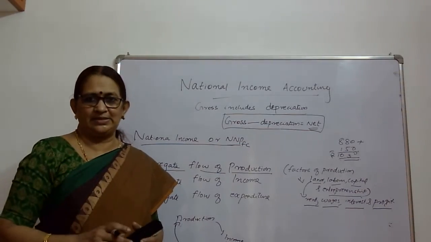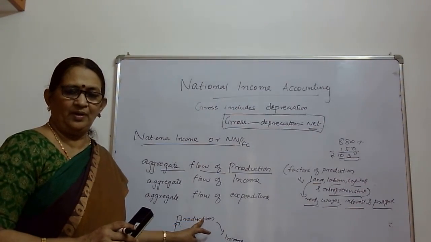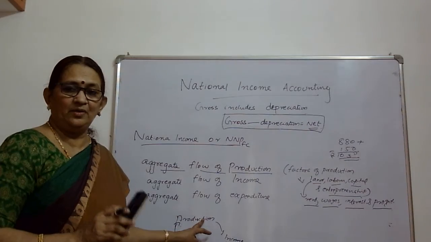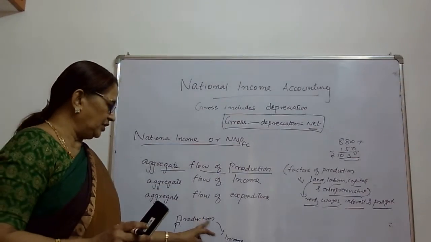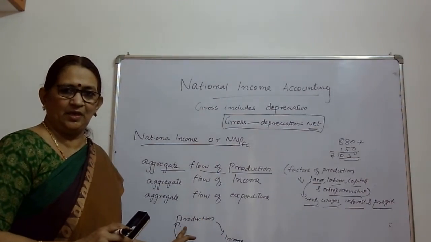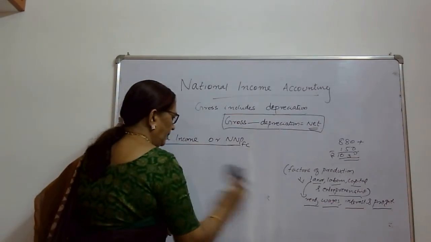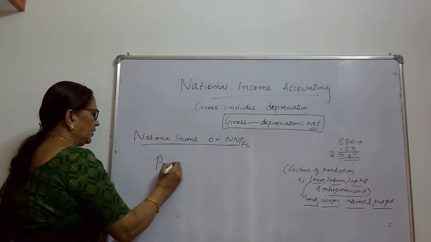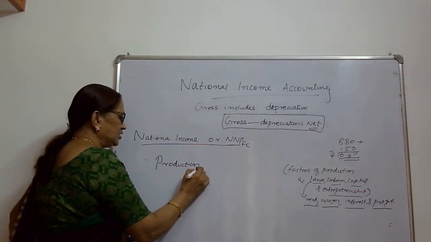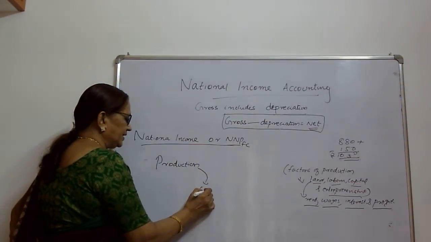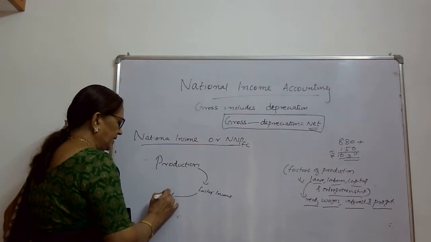It is continuous. So we can prove that the total goods and the money value of the final goods and services produced in the country, its value is equal to the total factor income generated is equal to the total expenditure incurred. That we can prove. Okay, that is the total production in the economy as goods and services, its value is equal to the total factor income generated is equal to the total expense incurred.